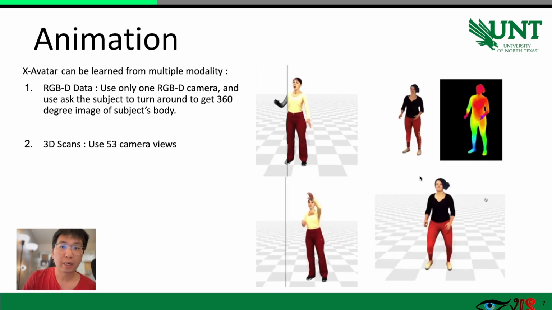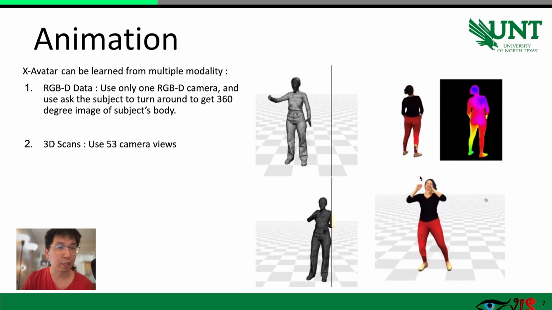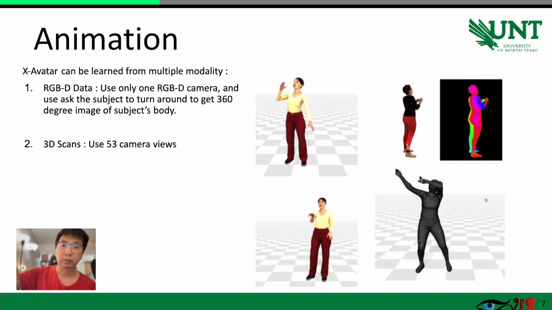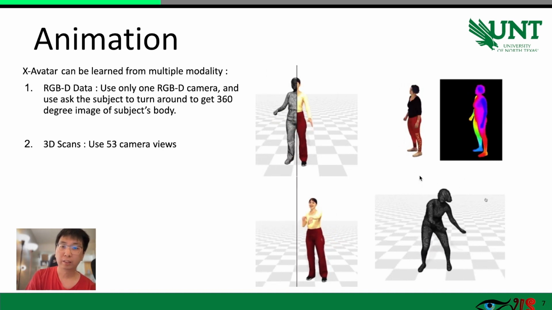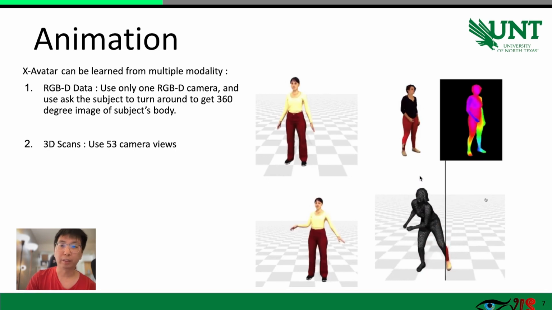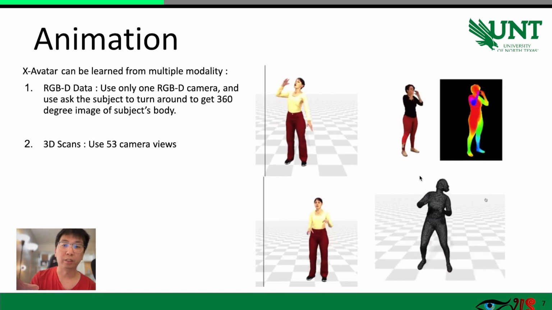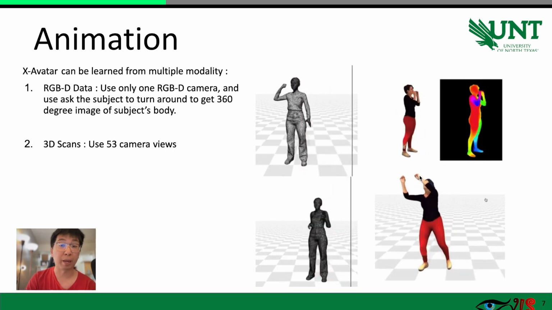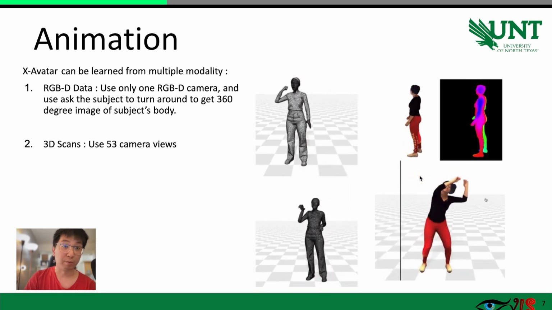RGBD data uses only one camera, but they try to capture the overall body part using that camera. Only one camera to capture the whole body, and then they try to register the 3D point cloud of that body part and create the SMPL, which is the backbone body for the human 3D.